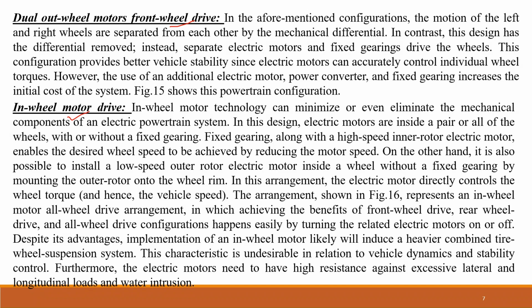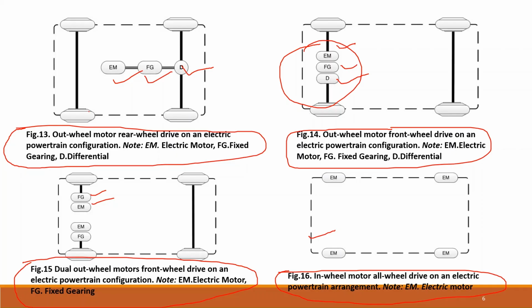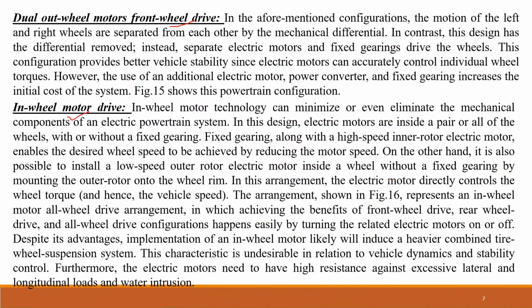On the other hand, it is also possible to install a low-speed outer rotor electric motor inside a wheel without a fixed gearing by mounting the outer rotor onto the wheel rim. In this arrangement, the electric motor is the sole controller of the torque and the wheel speeds. So the electric motor directly controls the wheel torque and that is the vehicle speed.